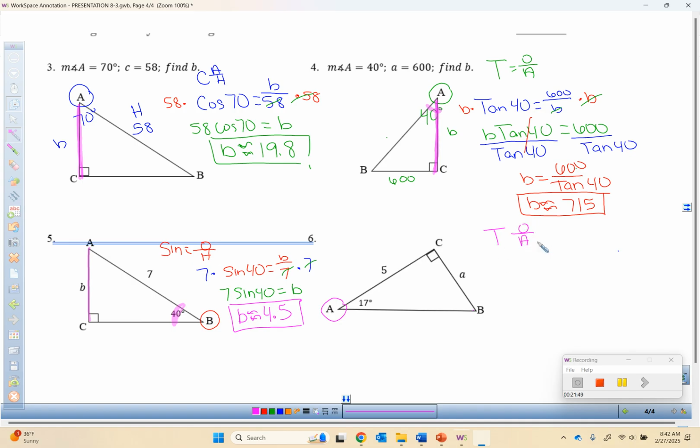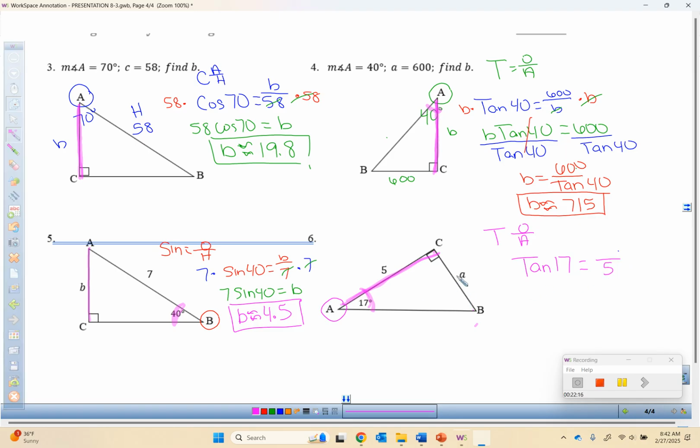We would set this up by saying tangent 17 equals, and when we look at what it gives us, this is my angle, this is my amount. Is it touching or is it opposite? Touching. So that's my adjacent, which is on the bottom.